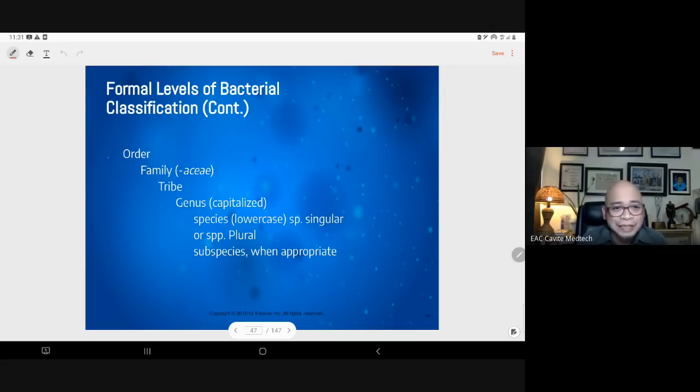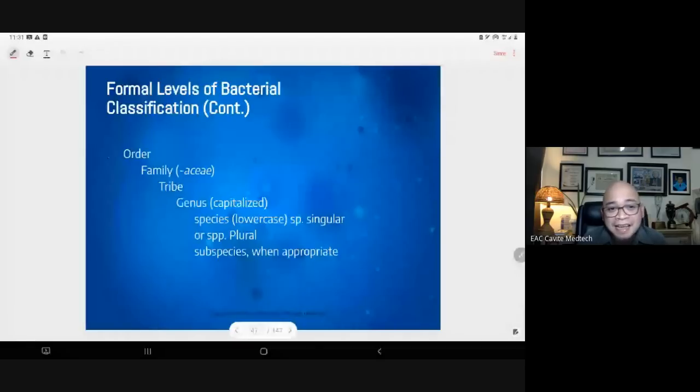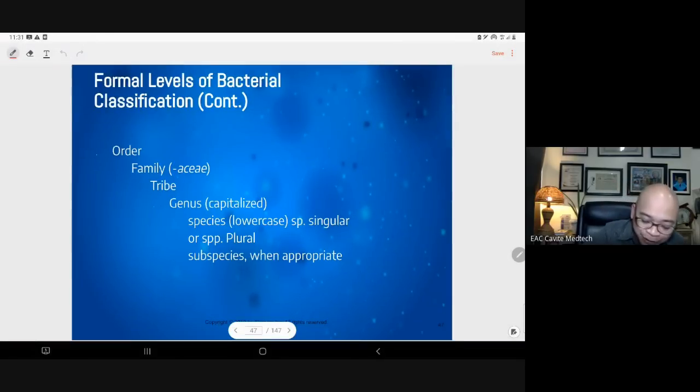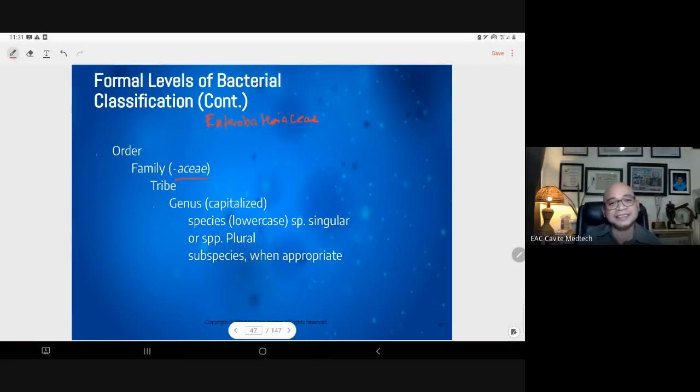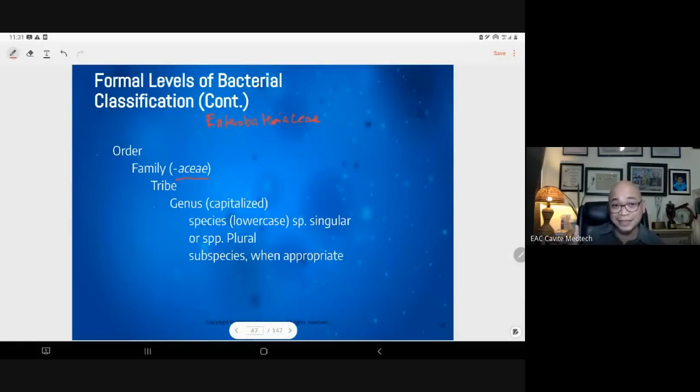You'll be able to see the suffix "aceae". For example, Enterobacteriaceae. That's one example of a bacterial family.